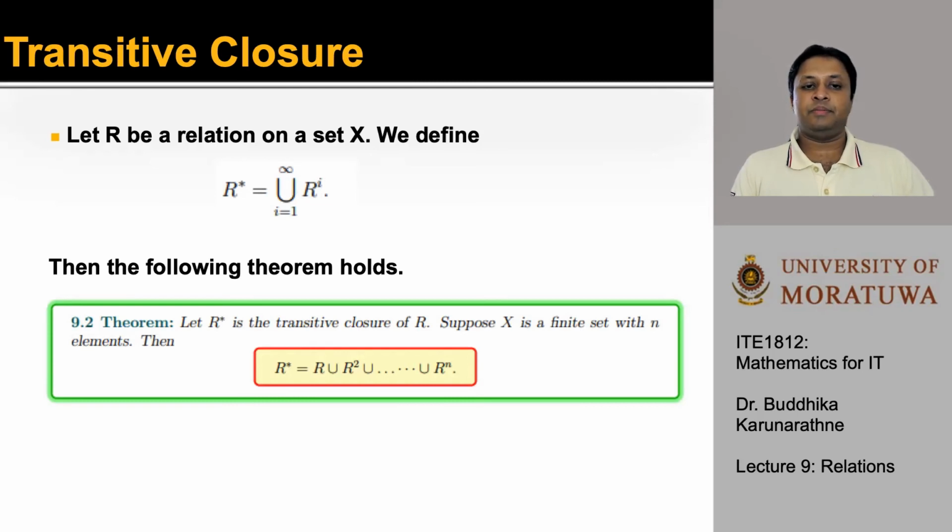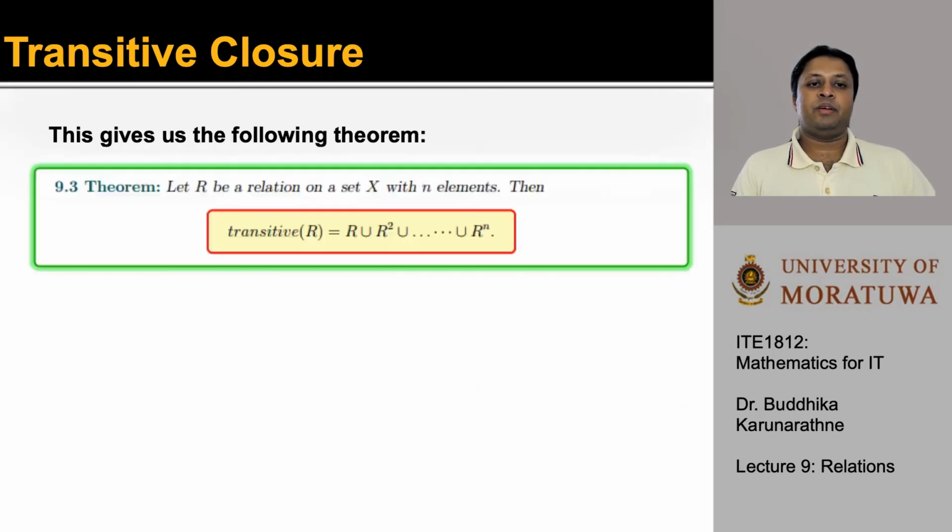Let R star be the transitive closure of R. Suppose X is a finite set with n elements. Then you can define R star to be R union R to the power 2 union R to the power 3 and so on until R to the power n. So this is the theorem on transitive closure.